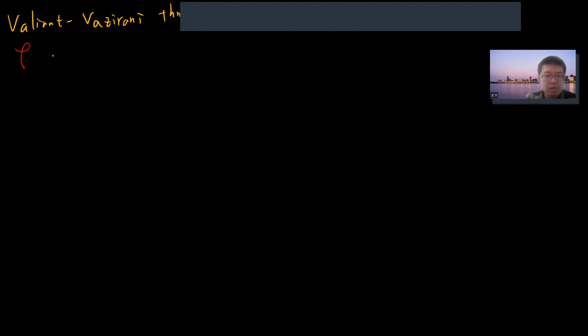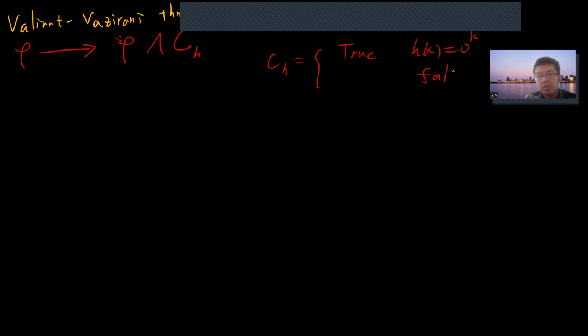So simply speaking, given a phi, let's say I do phi and C_h. C_h is a formula that outputs true if h(x) is 0^k, and outputs false if it's not 0^k.